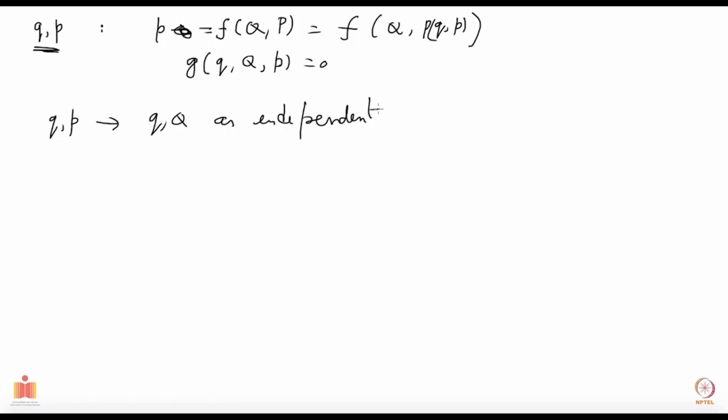Again, you can run the same argument for any other two coordinates. So that's what we are going to utilize now.